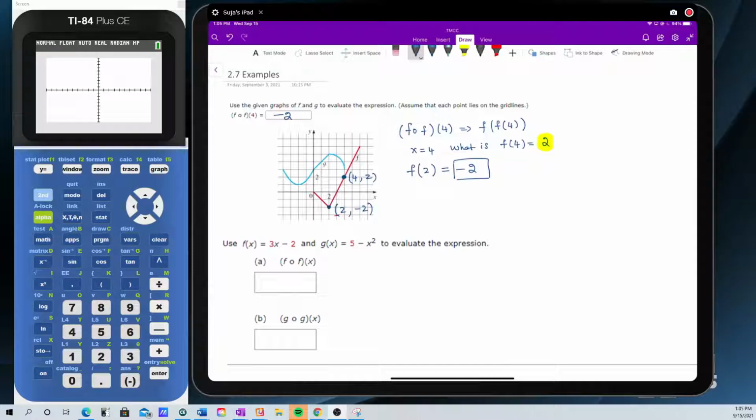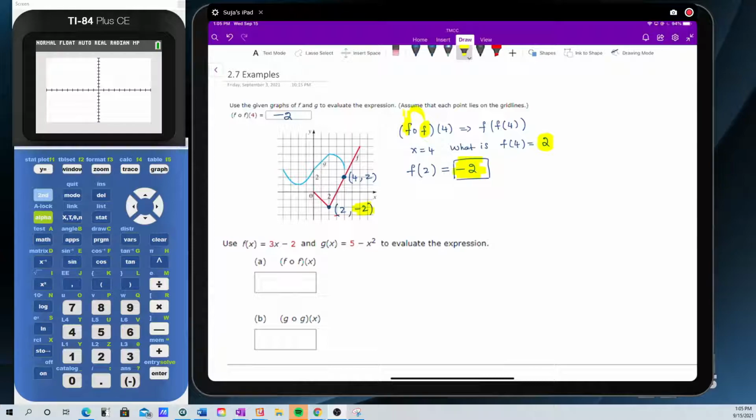In other words, the output of this function becomes the input of the composite function f composed with f. And I'm going back into f because the left function is also f. Remember, always the right output is going to be the left input when you do these problems. Okay, so therefore -2 is the final answer for this problem.